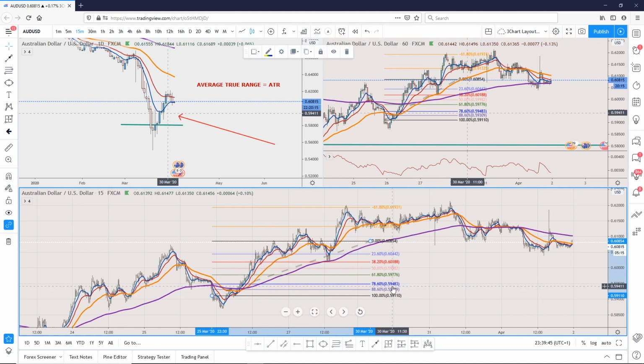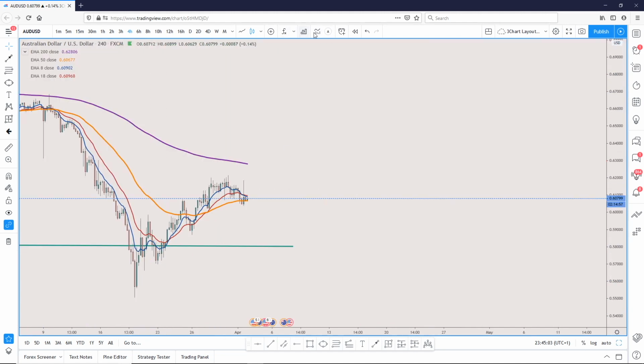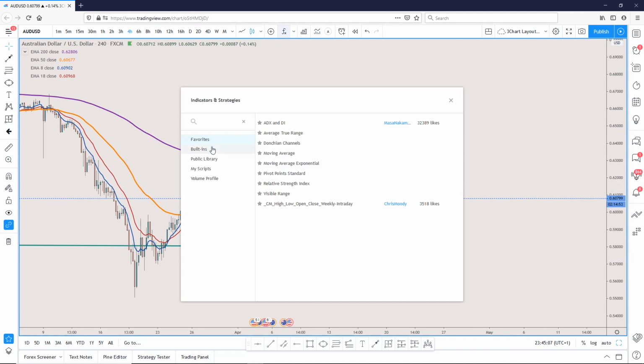The last thing I want to show you is, if you were having trouble adding the average true range here, and when you selected it, it told you that you can't add any more, because it depends on your account. I don't know how many EMAs you have added here, but these are indicators.